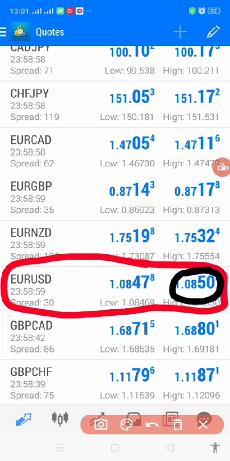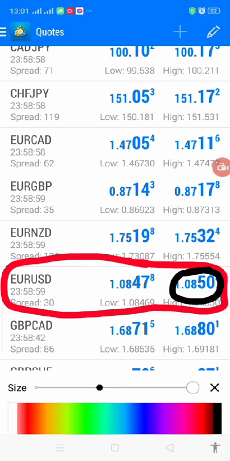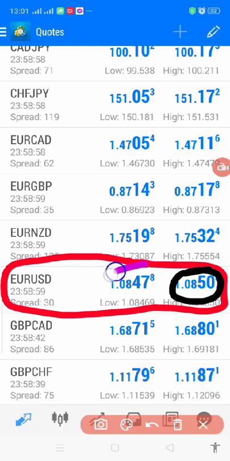If I'm selling Euro USD, I'm selling it at this price here. Please take note of that.